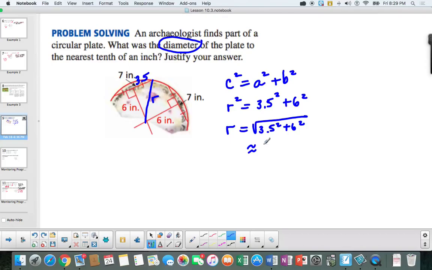So on my calculator I have about 6.946 and some other decimals. I am now going to multiply it by 2 on my calculator, and then I'm going to get 13, and they want to the nearest tenth, 13.9, and then this is going to be labeled inches.